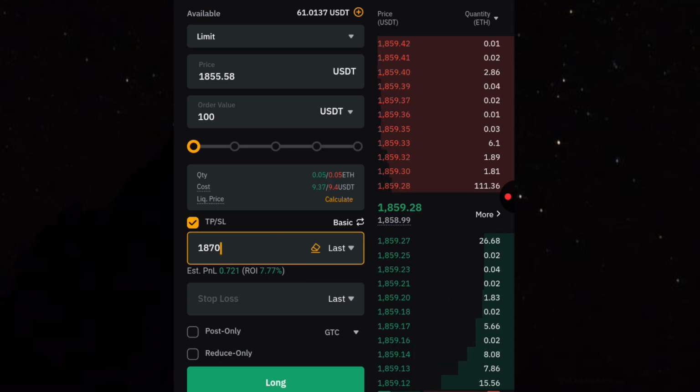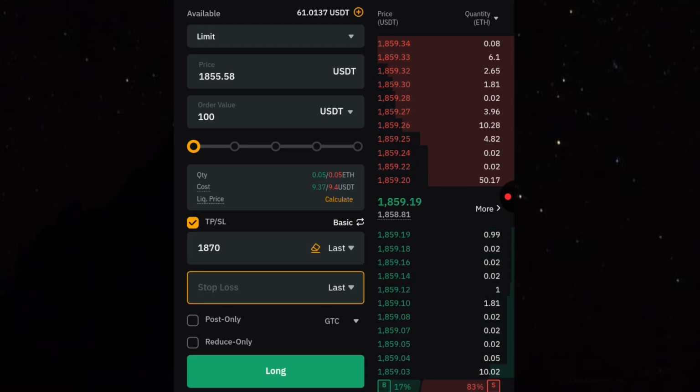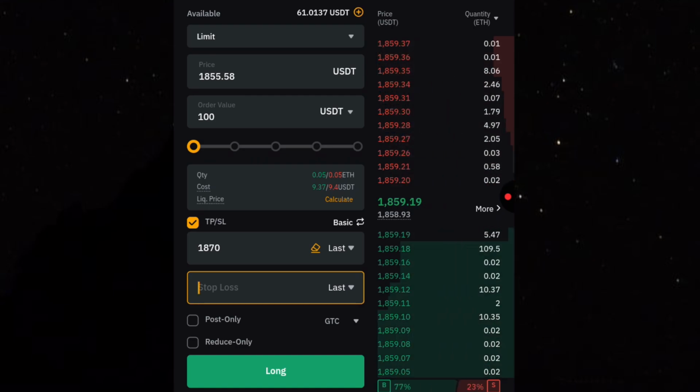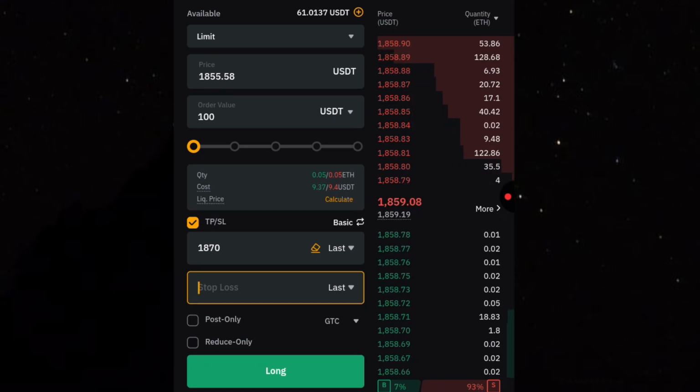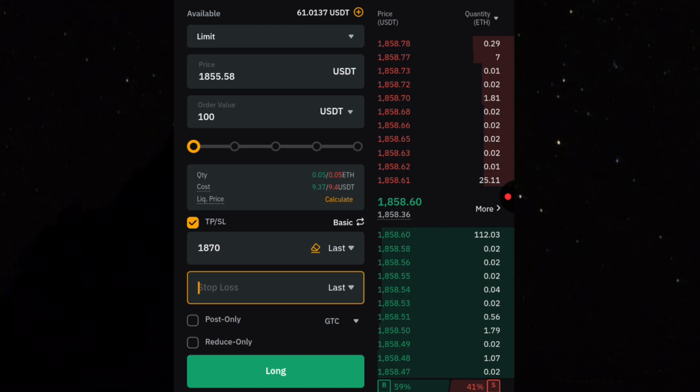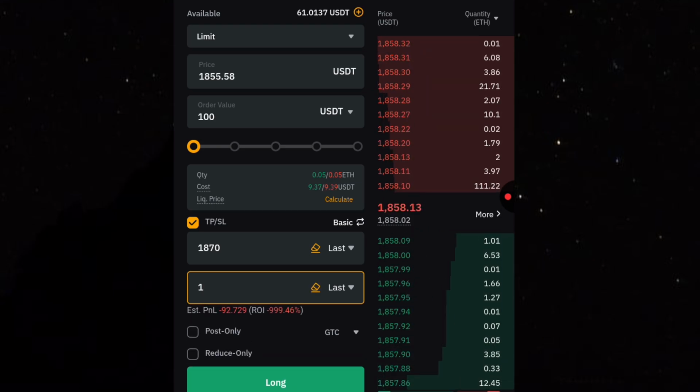Stop loss: things can go wrong and you can start losing your money. So how much do you want to lose? It means that when you lose that amount, Bybit stops the trade for you. Things can start going down and I just want to lose a limited amount.